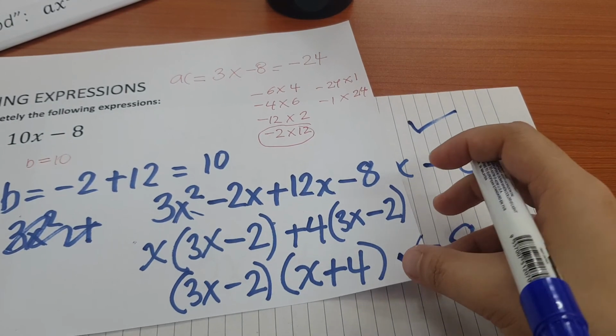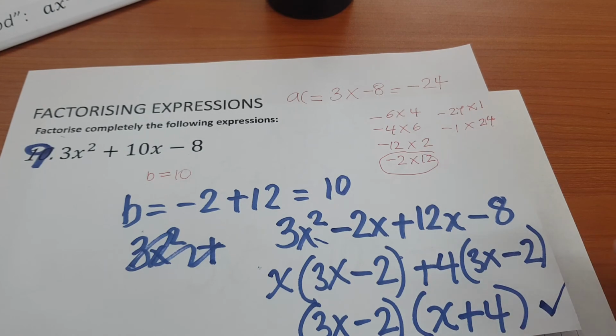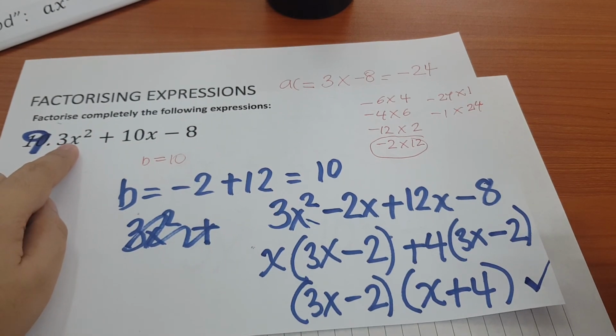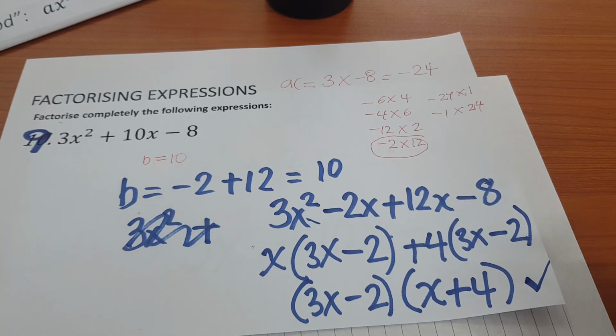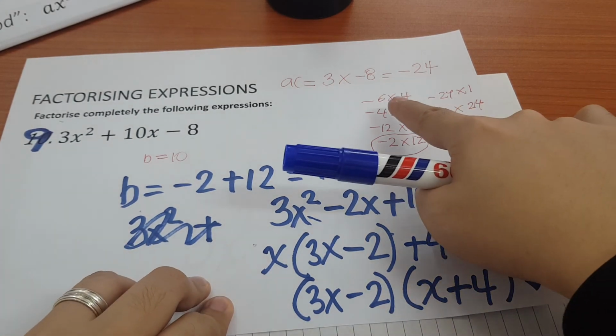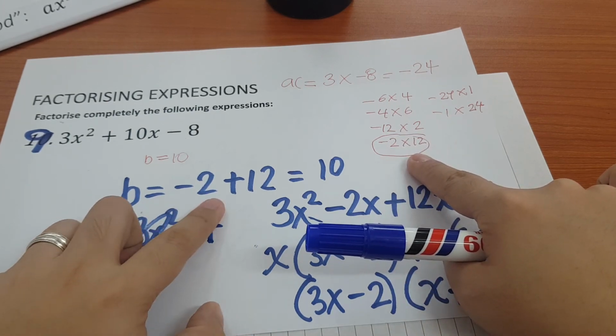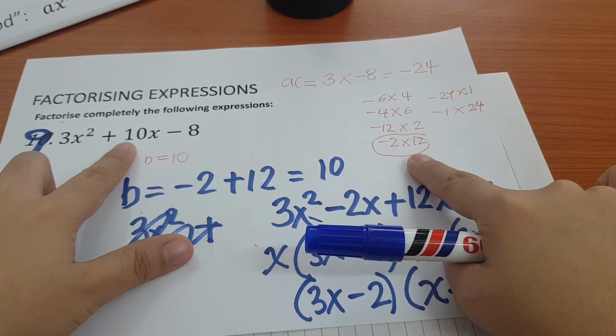So again, this is using the AC method. First, identify A, B, and C. Find your AC. Take the factors of AC, and then you consider your value of B, which is here 10.